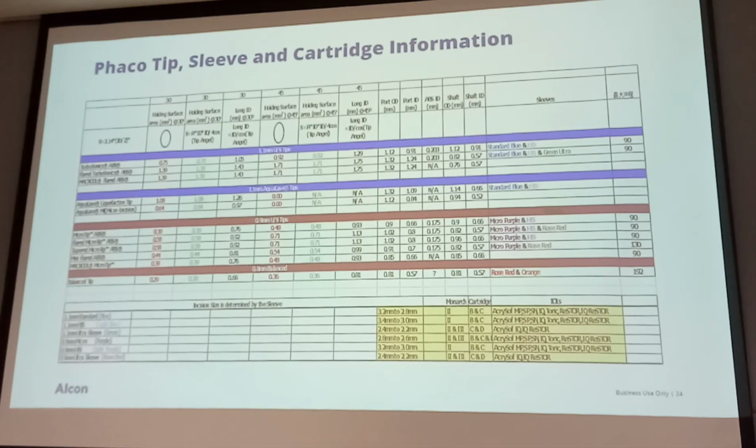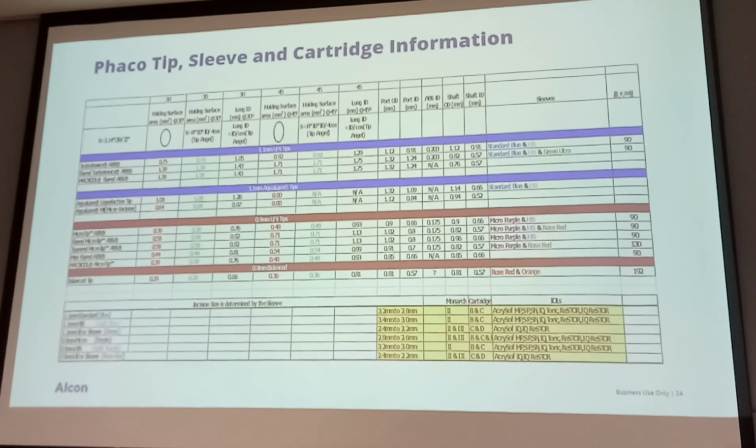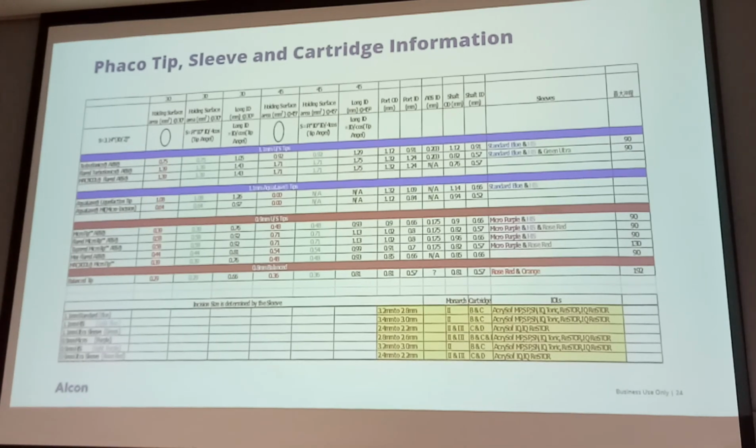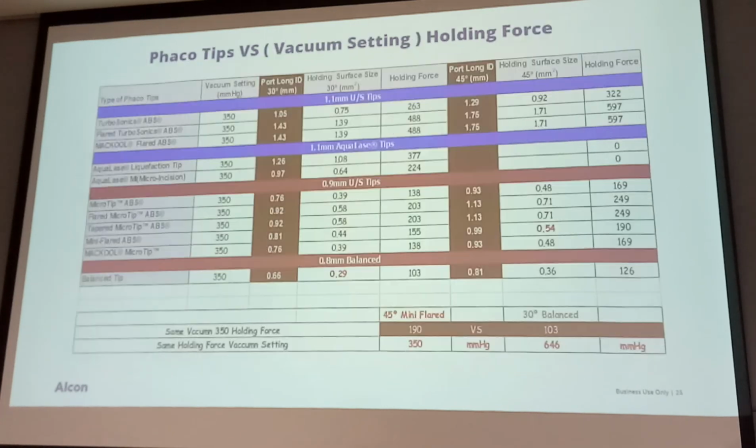So these are different phaco tips facing different parameter settings. There's a lot of science and design behind. I'm not going to teach everyone about this because it takes time to remember and time to explain. But I think this is the chart I'm using for our internal training.